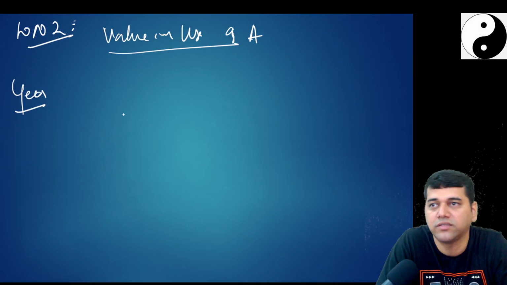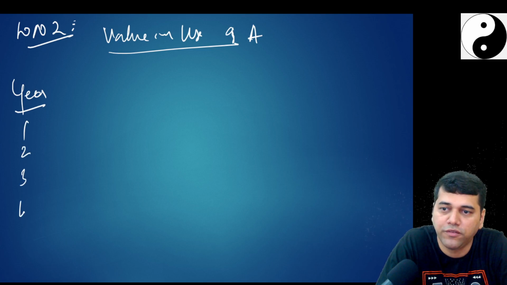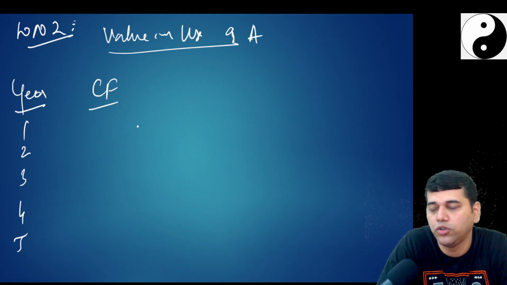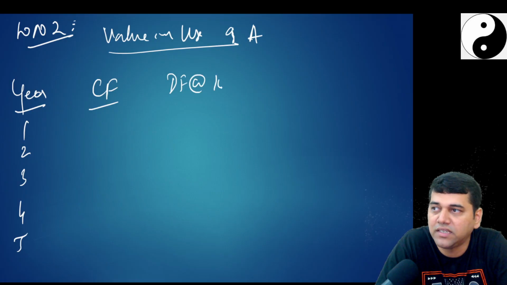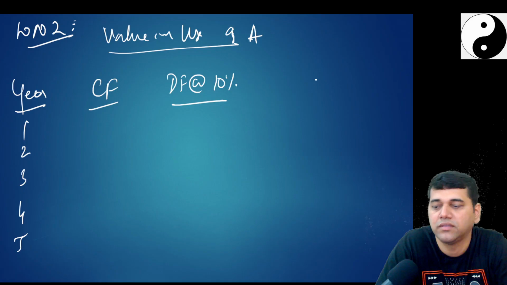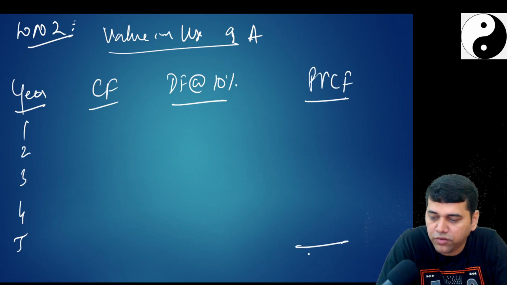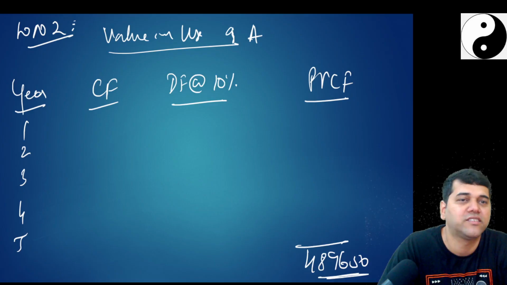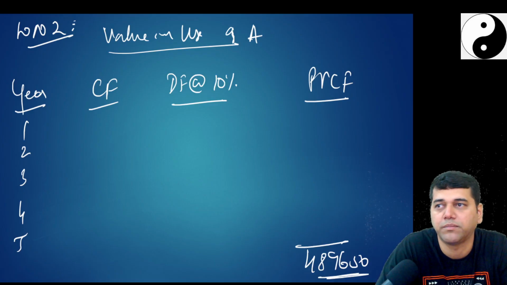How many years? 5. 1, 2, 3, 4, 5. Cash flows, they have told you, last year 1 lakh plus 50. Discount factor at 10%. And PVCF right at the bottom, 4,89,650. Just write this skeleton. Later you can fill it up.